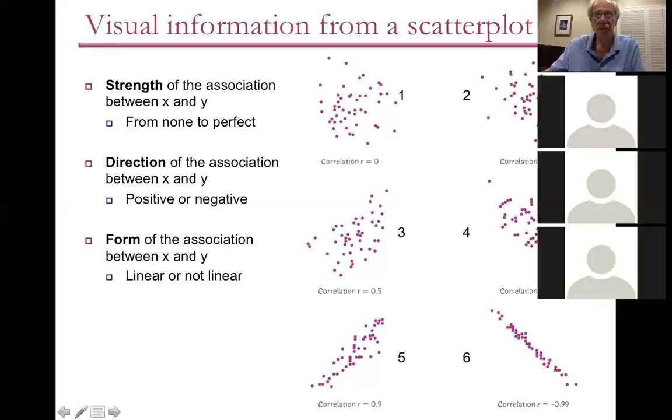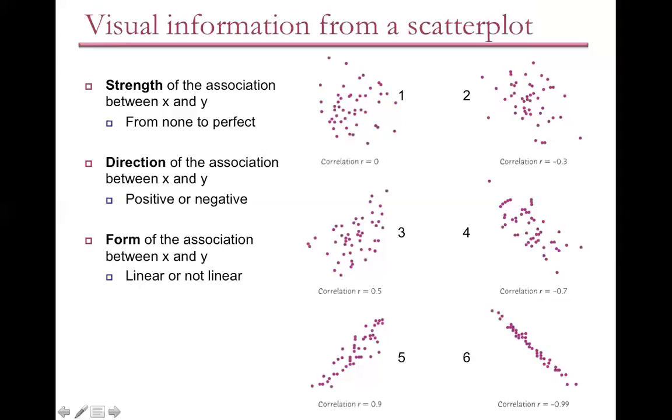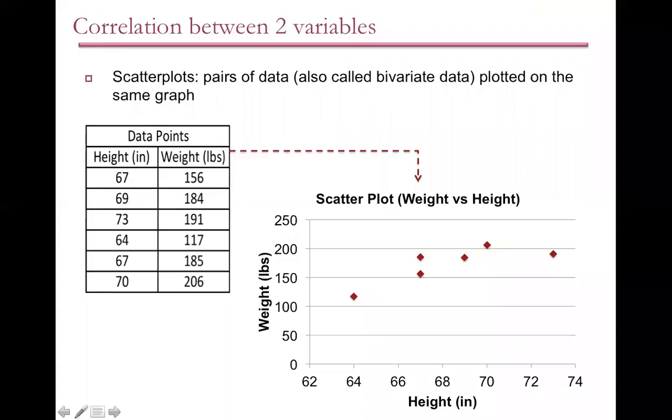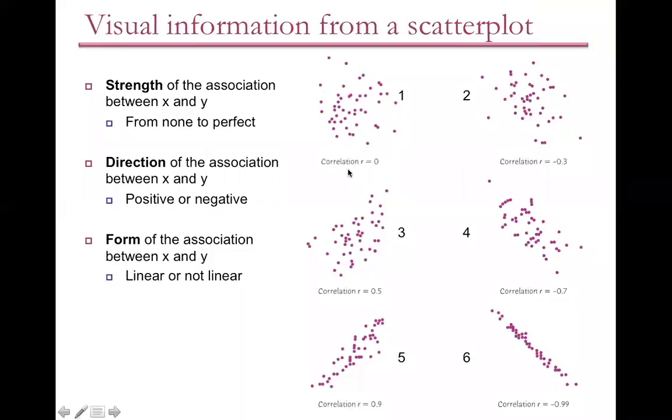But here's a picture of the correlation coefficient. Can you all see this slide? Yes. Okay, so this group, there's no correlation, so R is 0.